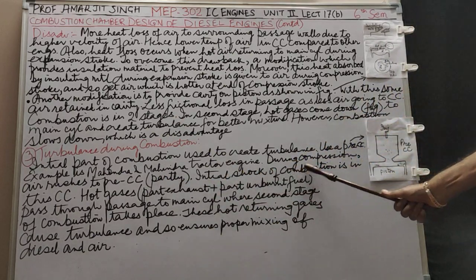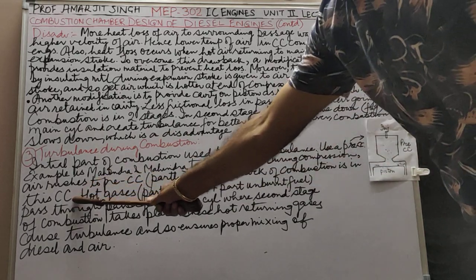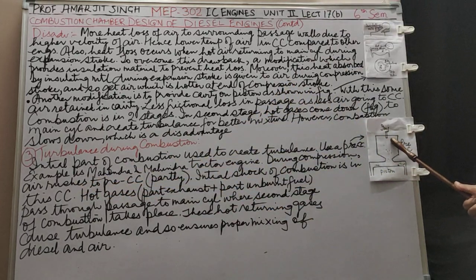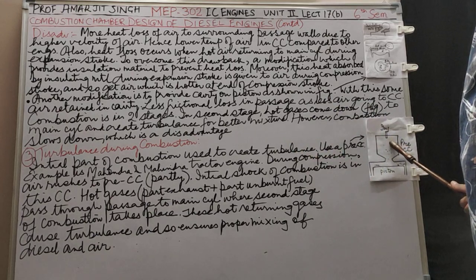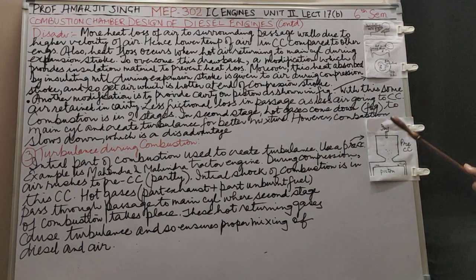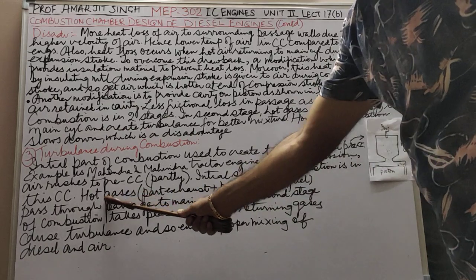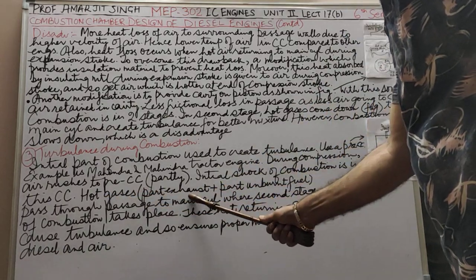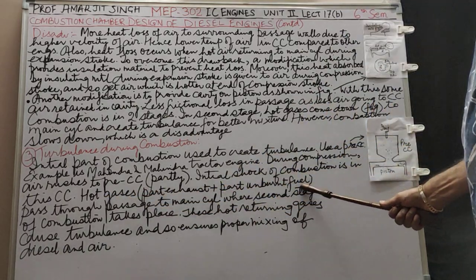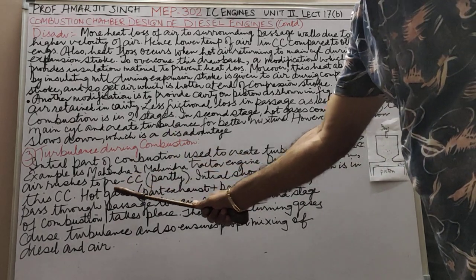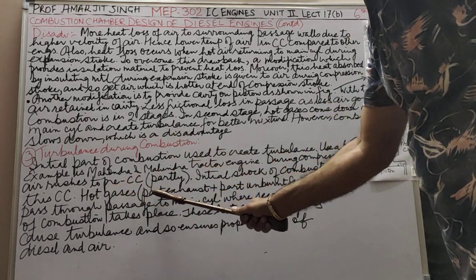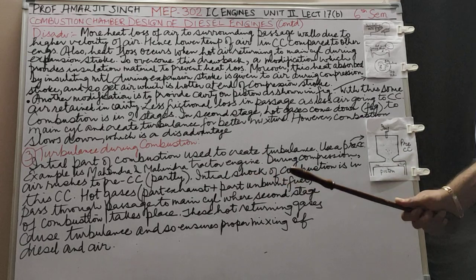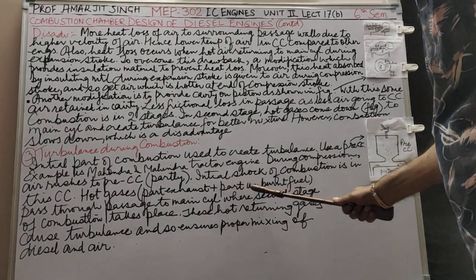The initial shock of combustion is in this chamber, because the first stage of combustion always takes place in the pre-combustion chamber. Hot gases, part exhaust and part unburned fuel. Note this, hot gases comprise part exhaust, some already burnt and some yet to be burnt.